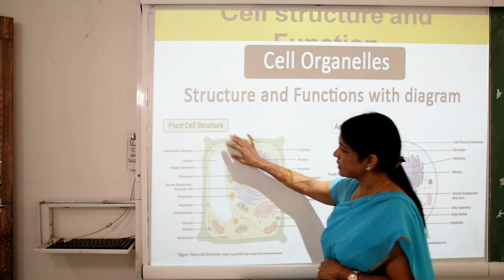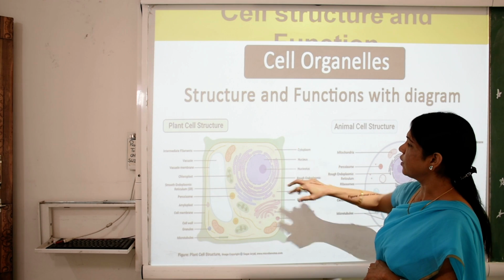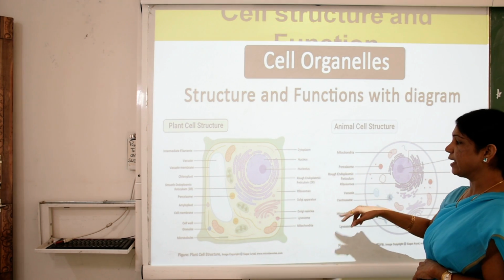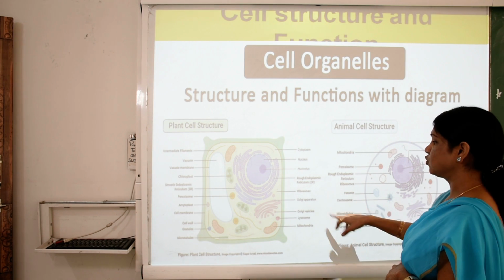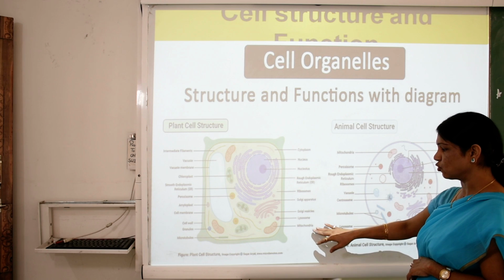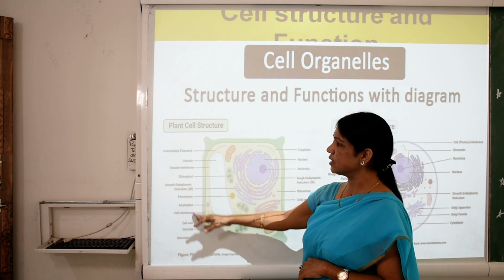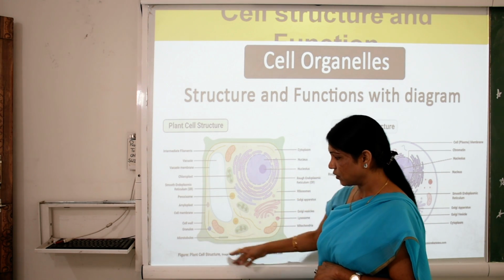The plant cell is made of various types of structures such as the cytoplasm. It has the nucleus and various types of ER, endoplasmic reticulum, ribosome, Golgi apparatus, lysosome, mitochondria, and various types of vacuoles and the cell wall and various other things.